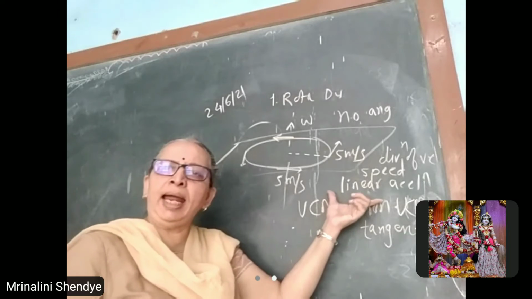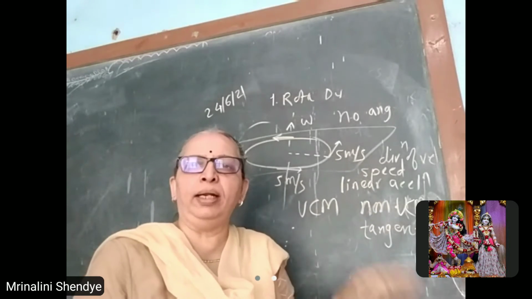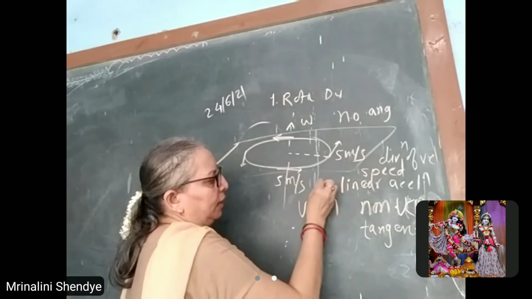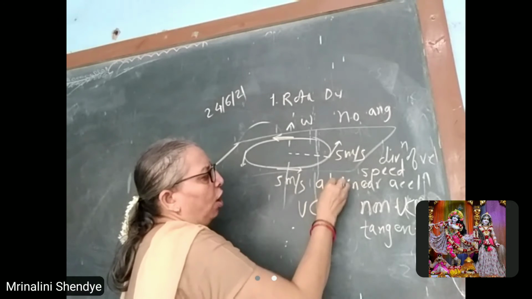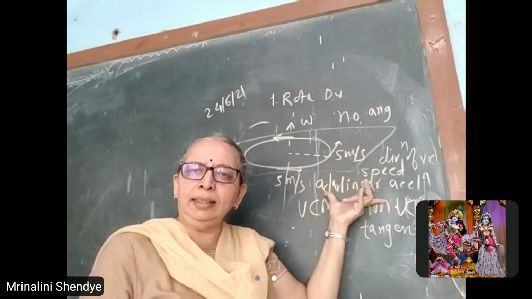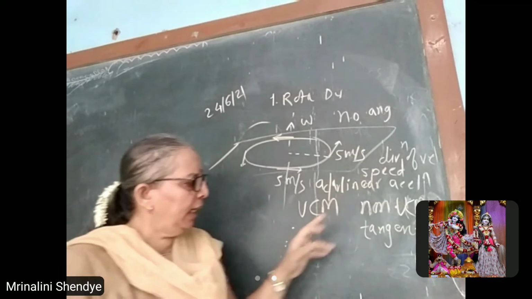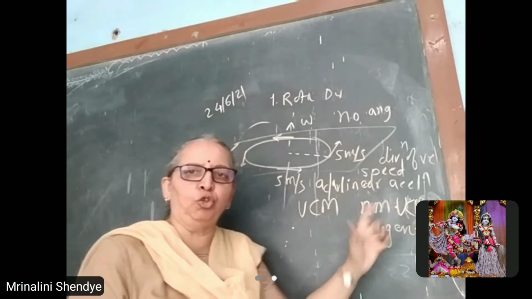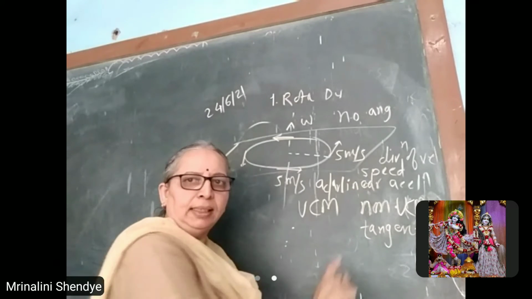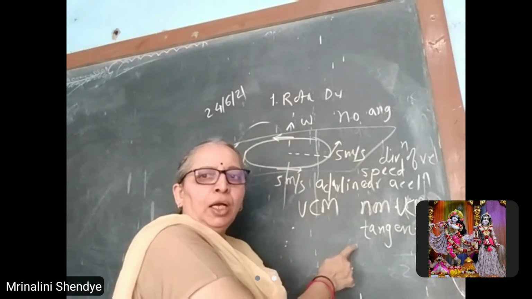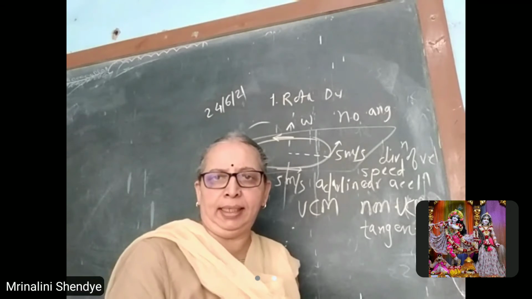This linear acceleration is also called radial or centripetal. It is denoted by the symbol AC or AR. So radial acceleration is present in uniform circular motion, and in non-uniform circular motion, along with radial acceleration, you will get the presence of one more acceleration, which is tangential acceleration.